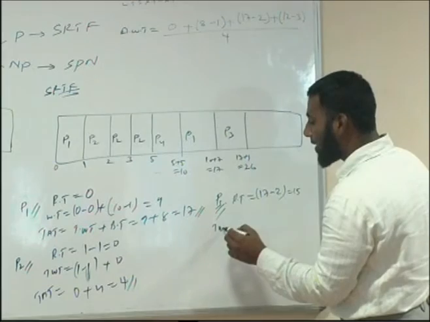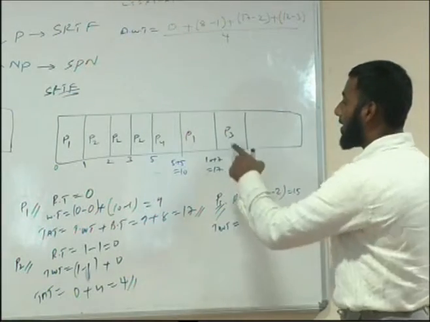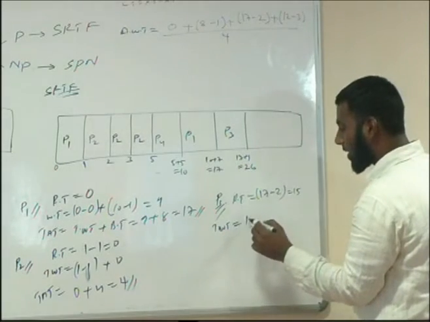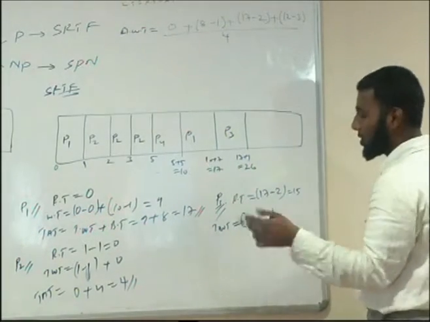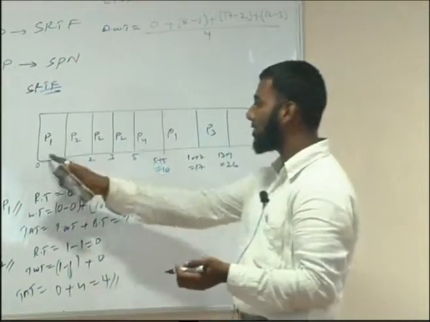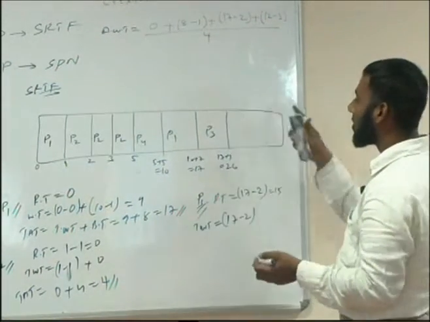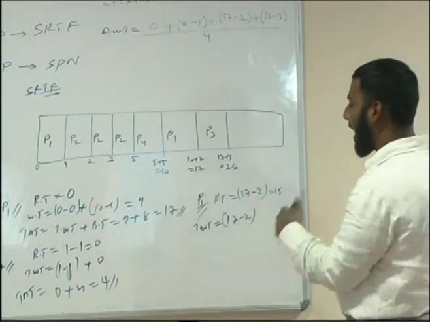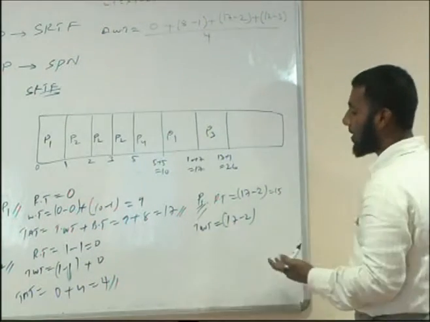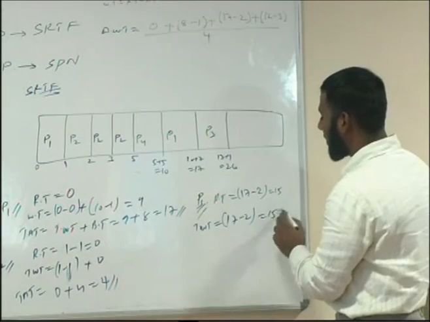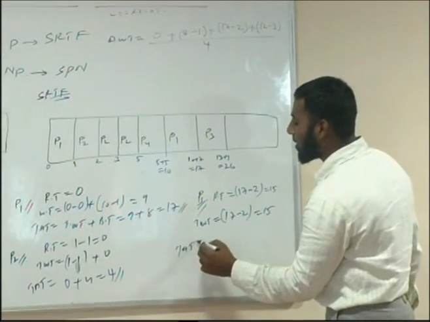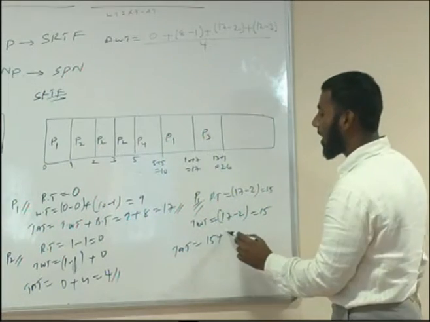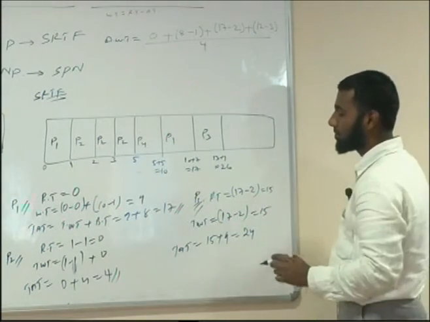And total waiting time, in this specific case, is the same, but it may change, like how it changed for P1, because we don't have any other process with shortest remaining time, we have got it the same. But generally we cannot guarantee that they will always be the same; they may be different. So it is 15 again. So turnaround time is 15 plus burst time of process P3, which is 9, equal to 24.